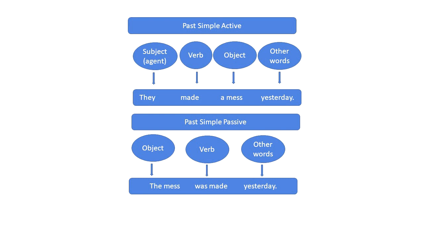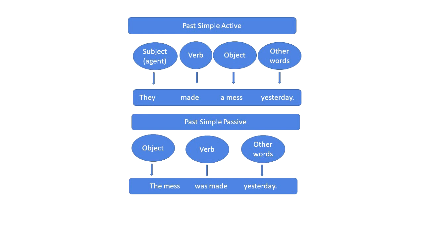But when we look at the past simple passive voice form, what do we see? We see object, verb, and other words. And what's missing? Subject or the agent of the action is missing.